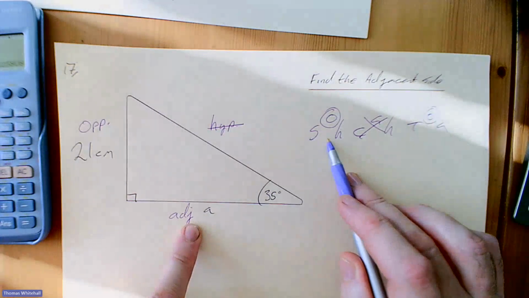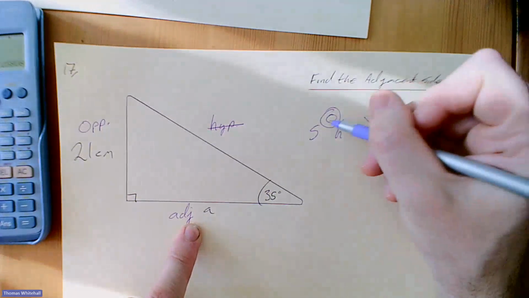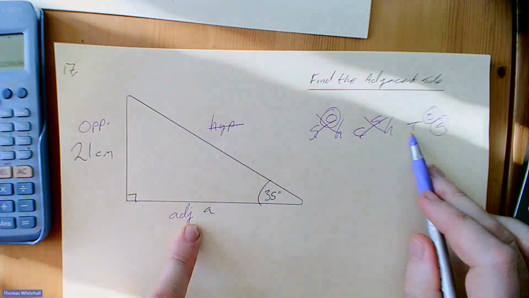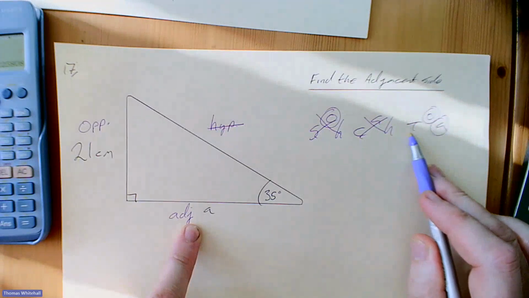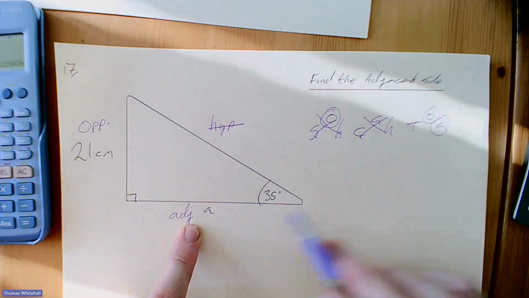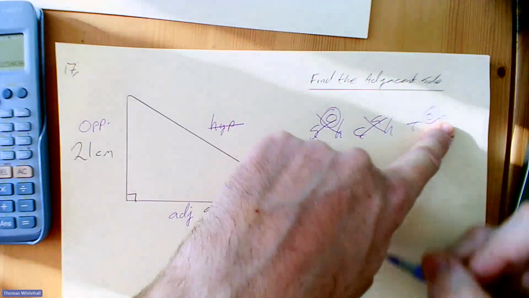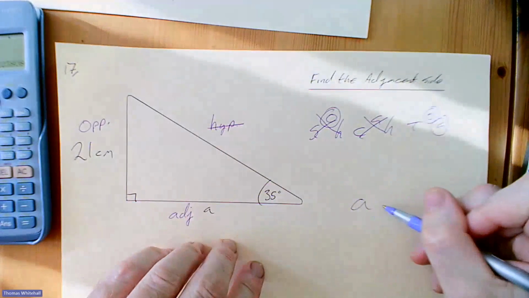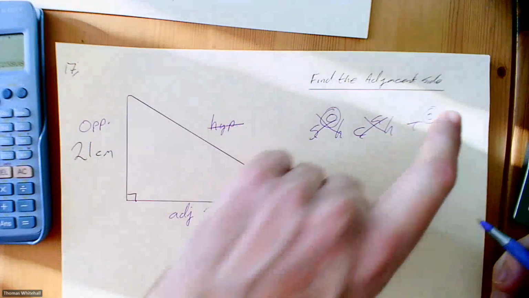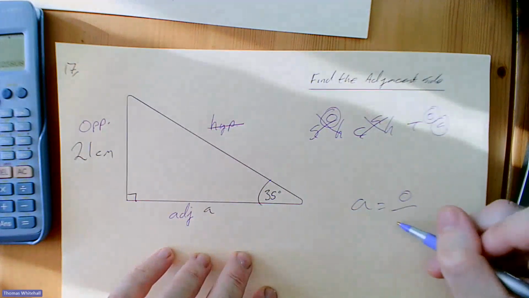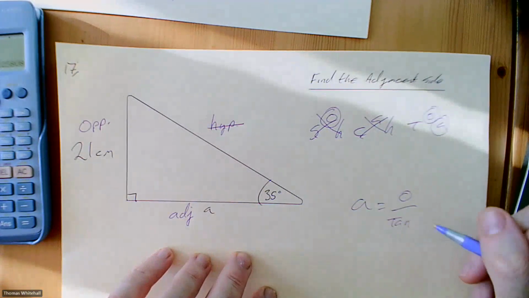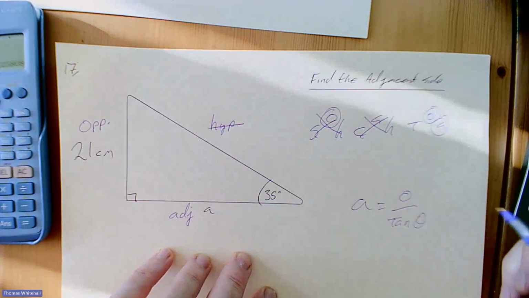Adjacent doesn't appear here, but it does appear here. So that means we're dealing with tangent this time. And again, we're asked to find the adjacent, so cover up the A. So our A equals opposite over tangent of my angle.